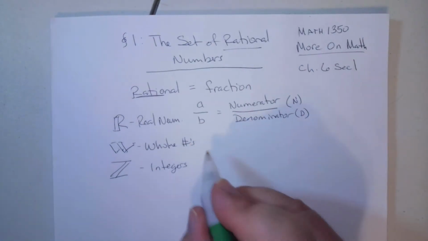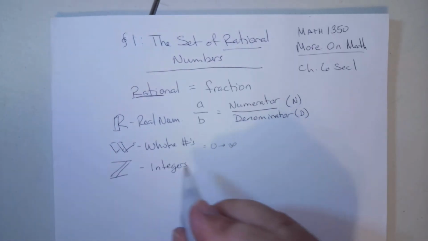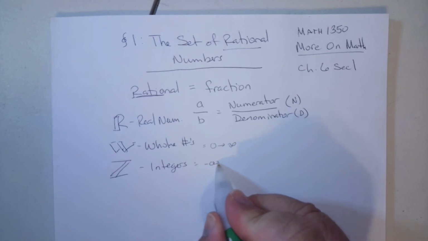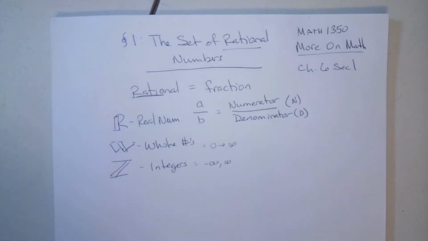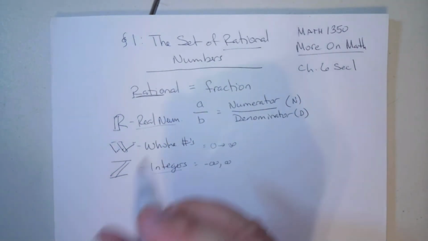Whole numbers start from 0 and go to infinity. Integers go from negative infinity to positive infinity. Only the integers, numbers, no fractions, no decimals or anything. Okay, all those belong in there.